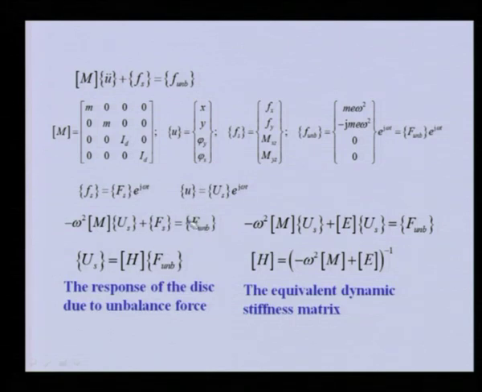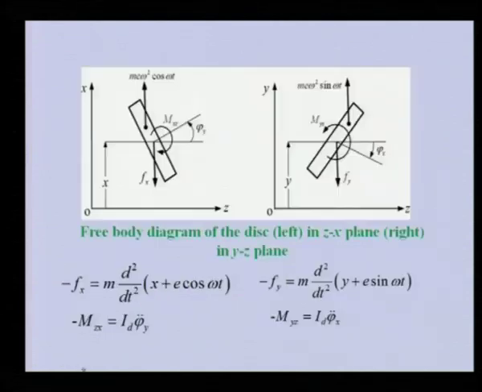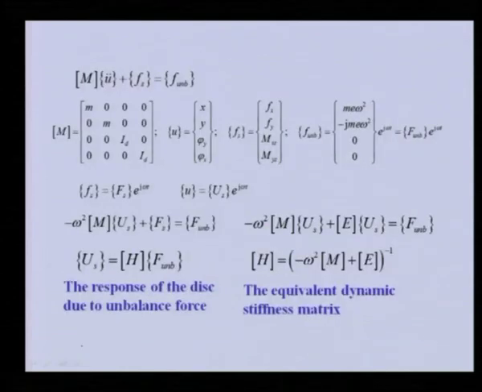Now we can write the Fs in terms of the Us from the previous expression. So we define the shaft reaction force Fs in terms of Us with the E matrix, and substitute there: Fs equals E into Us.